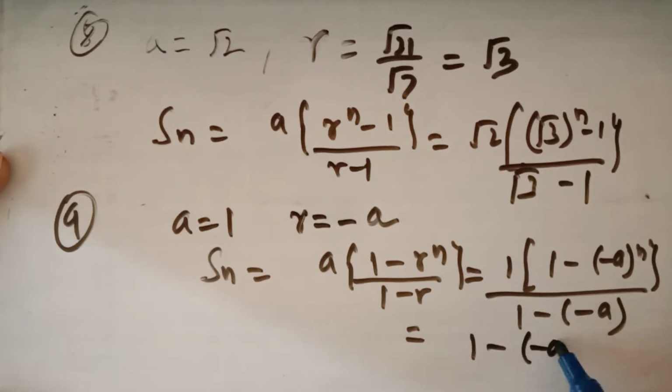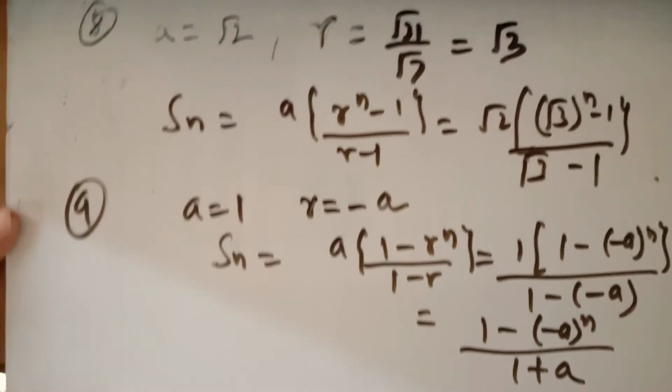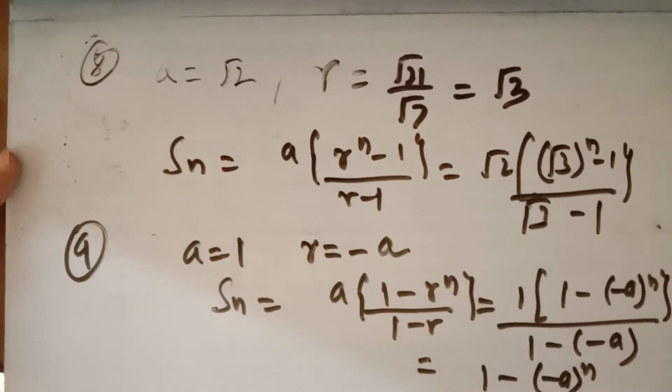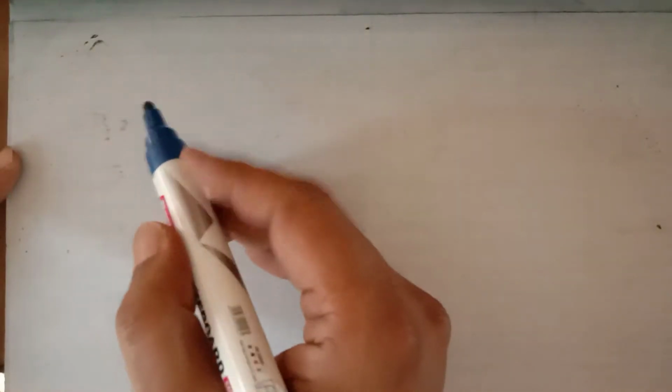So it will be (1 - (-a)^n)/(1 + a). This is the sum of the first n terms of this given geometric progression. See it carefully. You have to see whether r is greater than 1 or less than 1, and use the formula according to that.